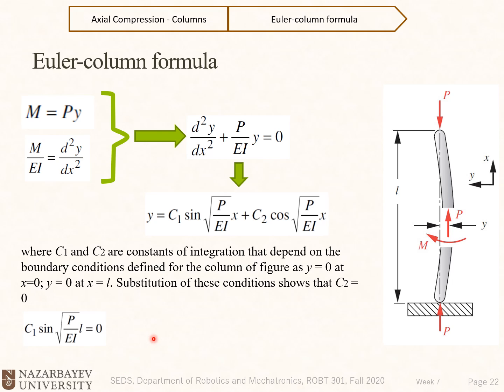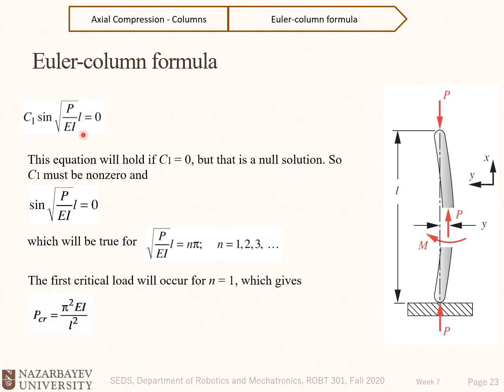Then we can move on and find P. So now we have this equation. This equation will hold if C1 is equal to 0, but this is a null or trivial solution, so C1 must be non-zero, and sine of square root of P divided by EI times L is equal to 0, which will be true for square root of P divided by EI times L equal to n pi, and n could be any integer from 1 to infinity, okay?